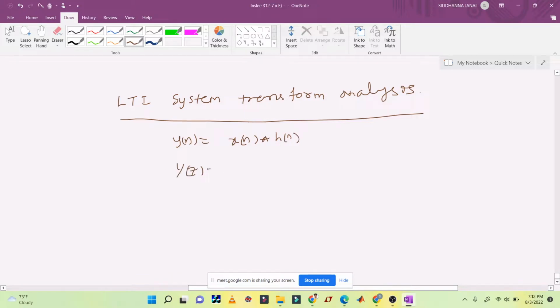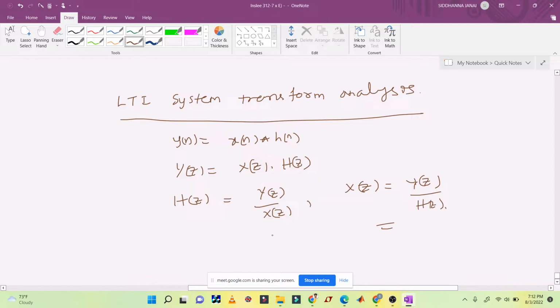That means y of z is equal to x of z multiplied by h of z, and whichever value you want, say h of z, then you have to do y of z divided by x of z. Similarly, if you want x of z, then y of z by h of z. Okay, so these are the three equations we are going to use: 1, 2 and 3.